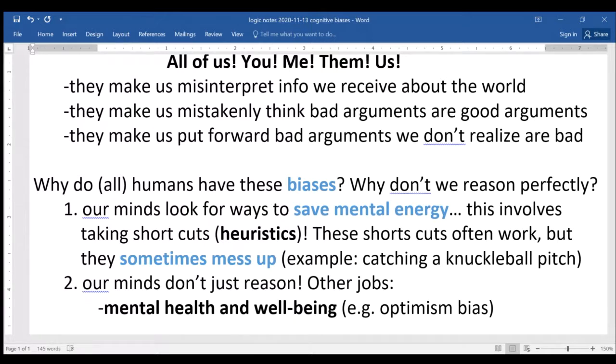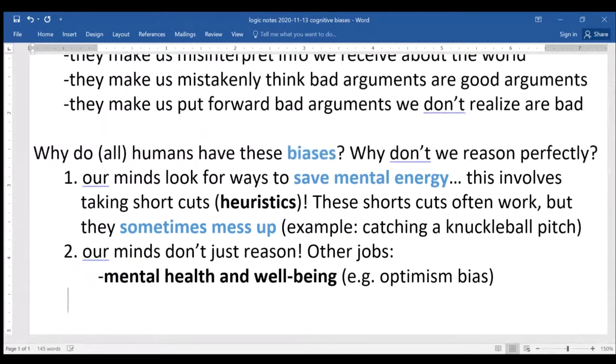And to the extent that our minds have to focus on our mental health and well-being, it might come at the expense of our ability to reason. Another thing our minds seem to care about is maintaining social relationships.